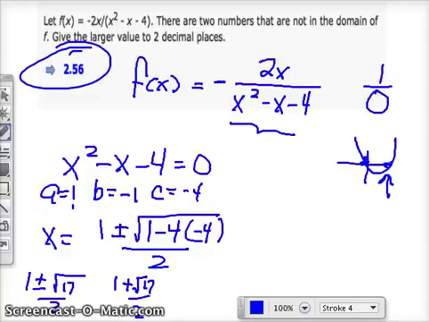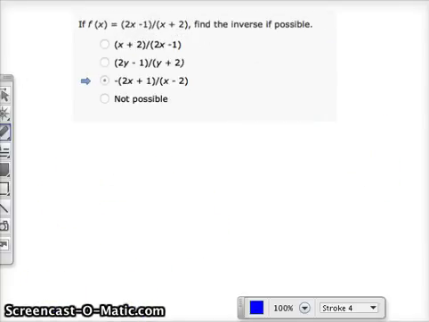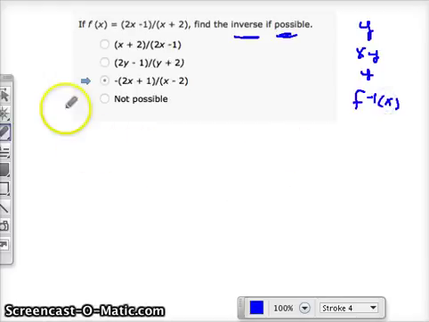All right, next question. If f of x is this rational expression, find the inverse if possible. Okay, now remember the steps. Change to y, switch the x into y, solve for the new y, change that y to inverse f of x. Okay, well, let's see.